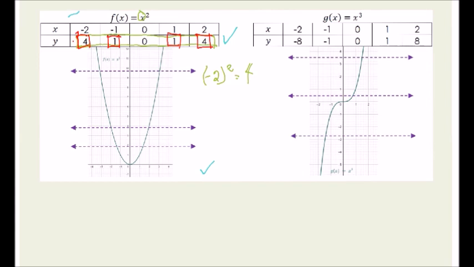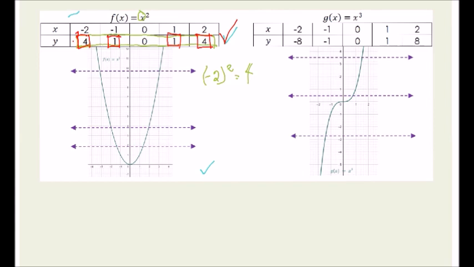And also 1: the range 1 is pointing to 2 values in our domain, -1 and 1. If we continue this, we will observe that it follows the pattern. We will have one range pointing at 2 domains. So from here alone we can already conclude that it is not a one-to-one function.